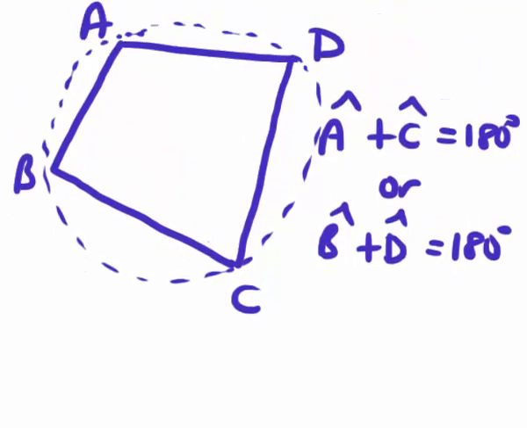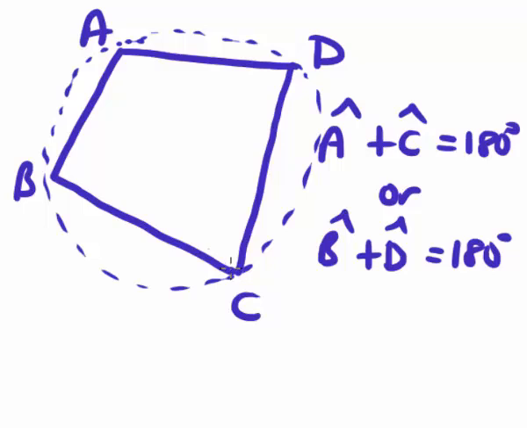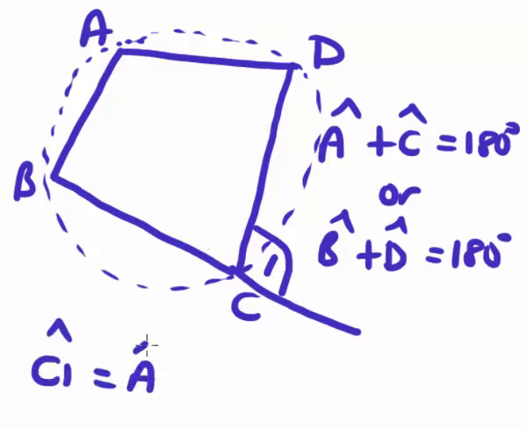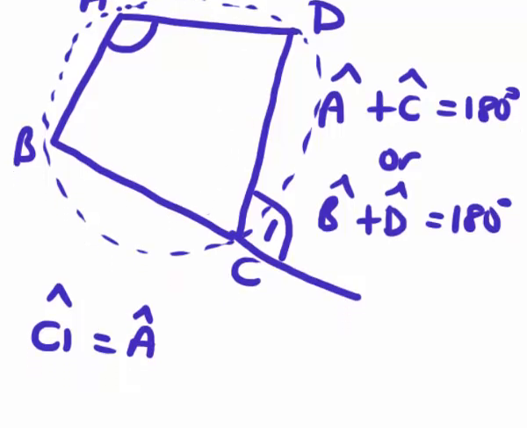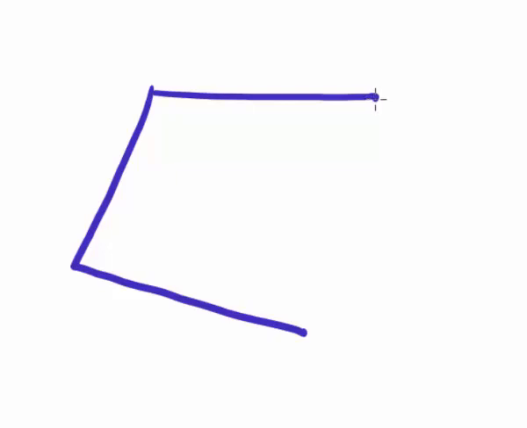The other thing that's important as well: if you extend that and you've got an exterior angle, call it C1, and C1 is equal to A, if the exterior angle is equal to the interior opposite, then the quad ABCD would obviously be cyclic as well.